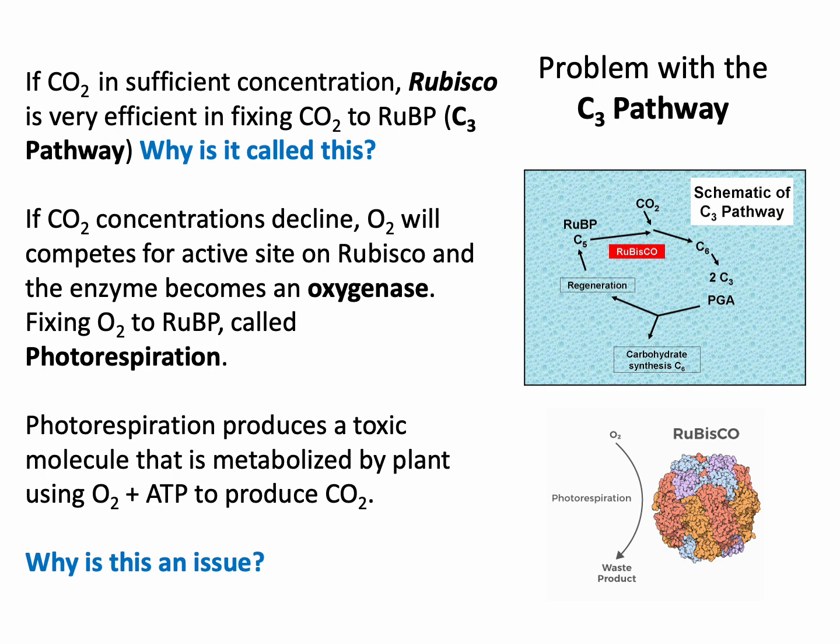So in situations like that, O2 will be bound up by Rubisco, and the enzyme starts acting like an oxygenase. What you end up doing is taking the O2 molecule and fixing that to RUBP. And this whole situation is an example of what they call photorespiration, because it's like respiration in that you're using oxygen, just like we use oxygen for respiration.